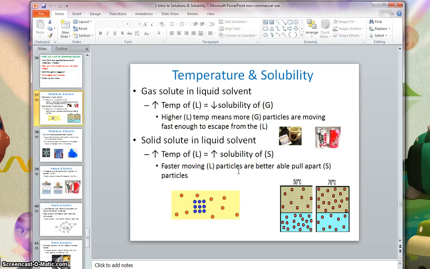That term is called solvation. So if you increase the movement of the liquid particles, they move very fast, which increases the frequency of random connections between solvent and solute particles. Hence, that's going to cause better solvation, hence increased solubility.